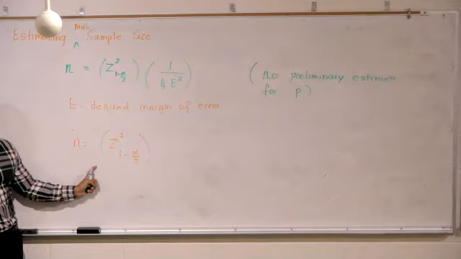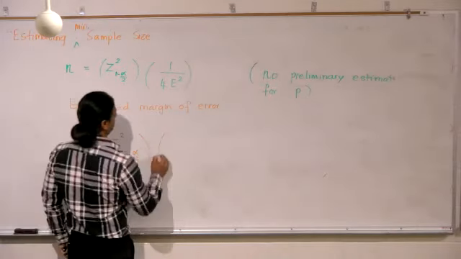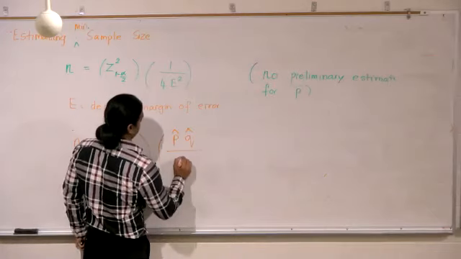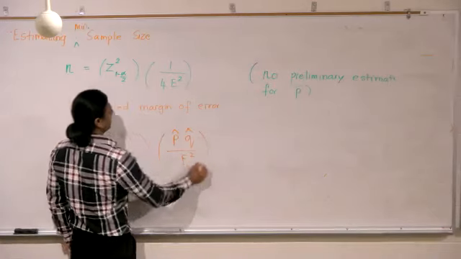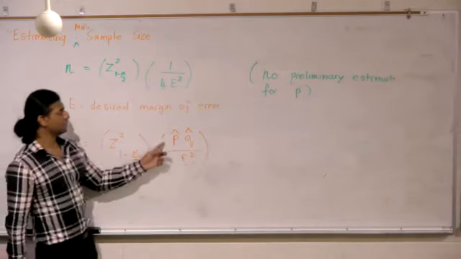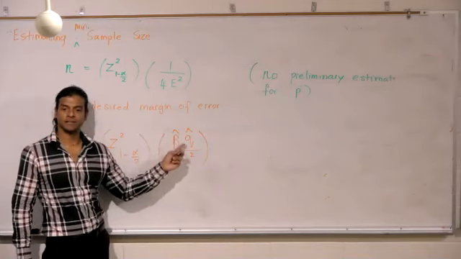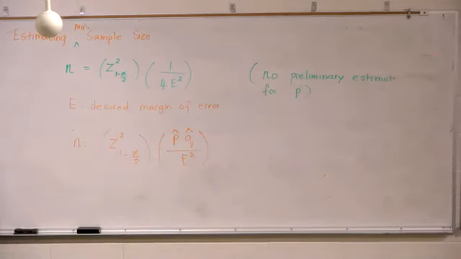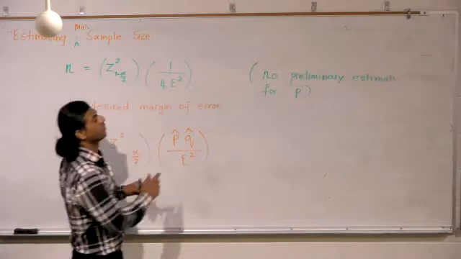That part does not change. All that would change is we wouldn't have the 1/4, and the numerator becomes p hat times q hat. So that is the case when someone gives you a preliminary estimate for p.